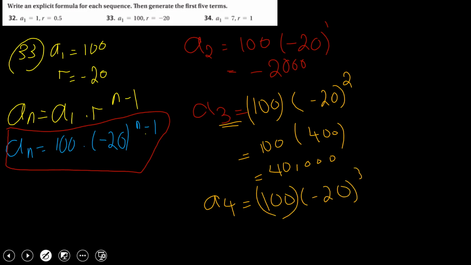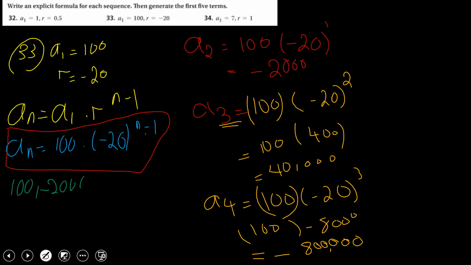Now, negative 20 raised to the power 3 is negative 8,000 times 100. The answer is negative 800,000. So by finding the explicit formula, I have a sub 1, it is 100, a sub 2, it is negative 2,000, a sub 3, it is 40,000, and a sub 4, it is negative 800,000.